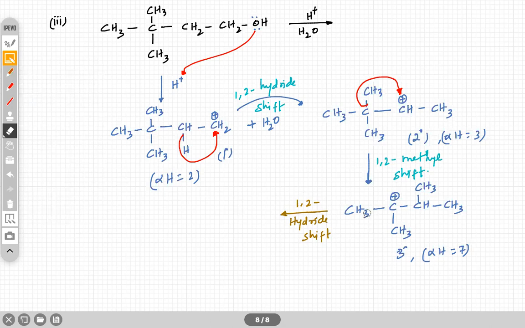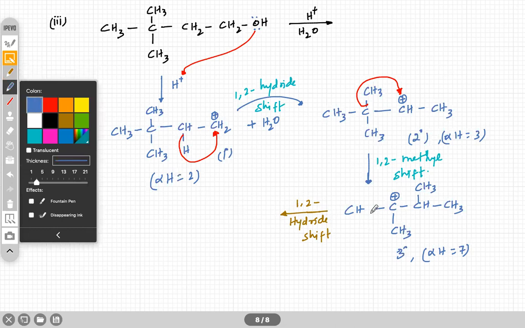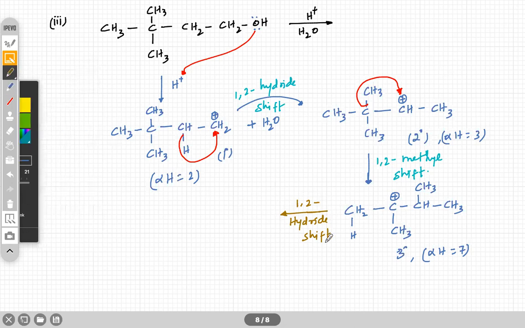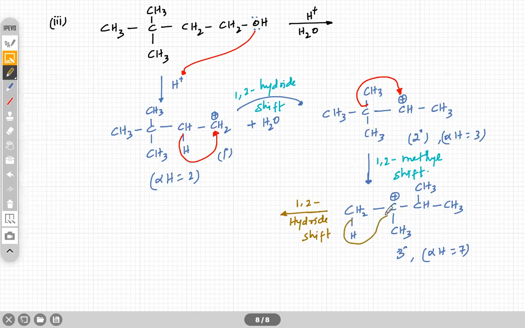So what happens? This is H2 and this is H. And if you consider the shift here from this to this carbon, what happens, you see? We get here CH2 with a positive charge, then we have CH, CH3, CH, CH3, and then we have CH3.